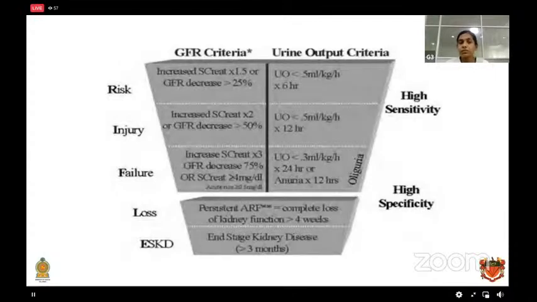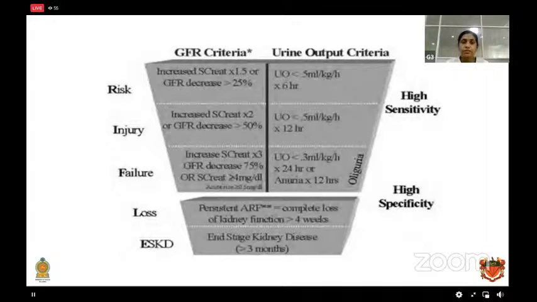There is no point in detecting at the failure stage; that means there is a kind of medical negligence, I can say. You have to identify it at an early stage. Otherwise the damage is more, so it is more difficult to correct, and management will be more complicated. That is what I want to highlight, right?